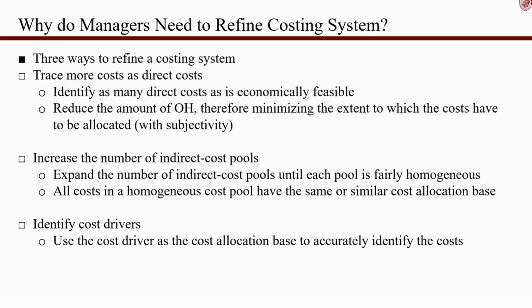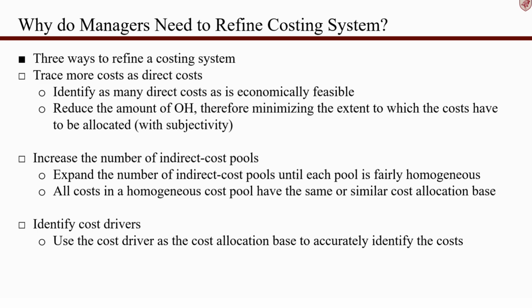There are, broadly speaking, three ways to refine the costing system. The first is, why not make the cost more traceable? I said that direct cost is not an objective definition, right? Sometimes direct cost can be traceable, but one of the important criteria is that it should be economically feasible, right?